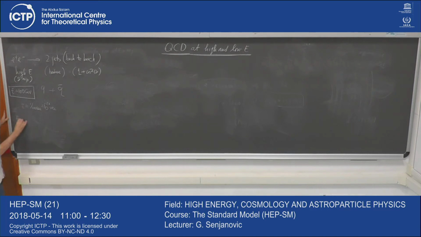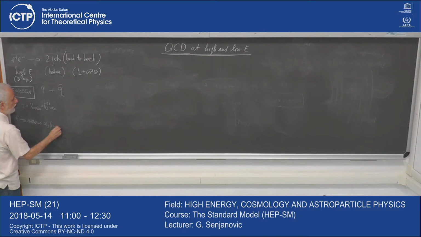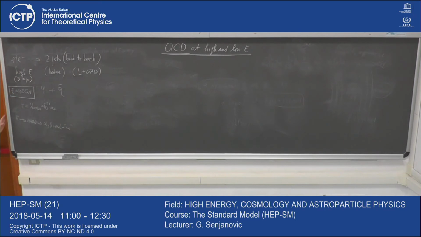When the energy goes down to a GeV, or let's say 200 MeV, to be more precise, then alpha 3 at that energy, 200 MeV, is very large and the hadronization starts, okay, and I will get a picture like this.